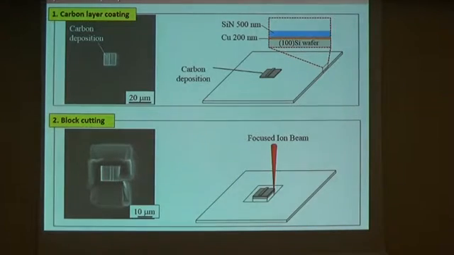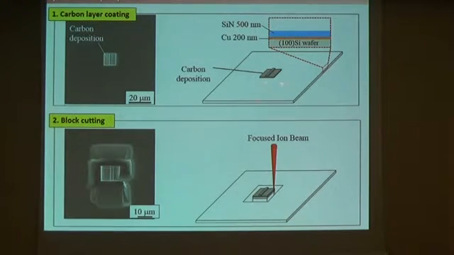So next, the specimen preparation. First, we used silicon wafer with copper and silicon nitride thin films.